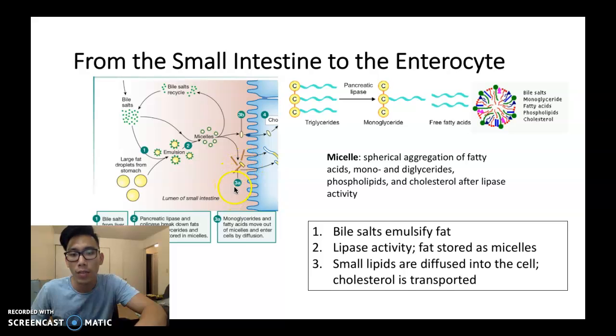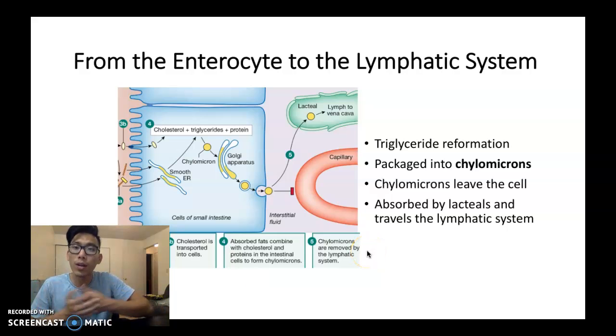So in the case of 3A, the monoglycerides and free fatty acids will pass through simple diffusion. Cholesterol is a little different. Cholesterol will pass into the cell through a transport protein. Okay, from here, the enterocyte to the lymphatic system.